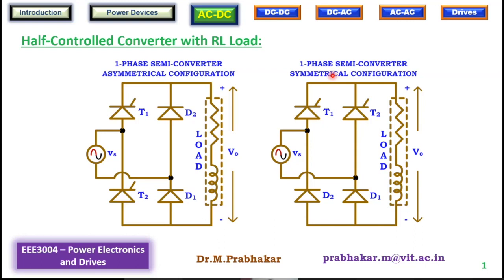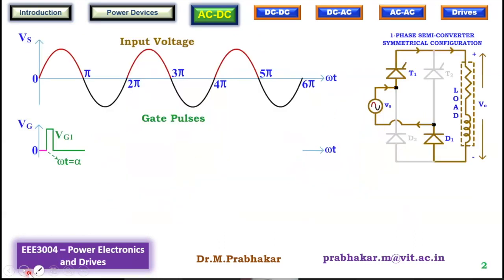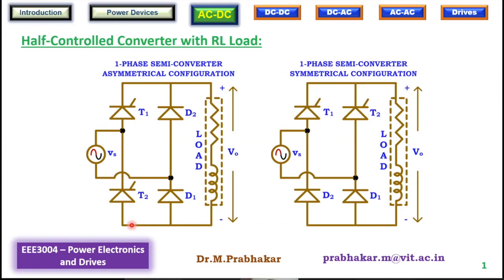Fine. And the reason I'll keep stressing this is because you need to understand the basic difference. Don't get confused between half wave and half controlled. This is half controlled. There are 4 devices, and out of those 4 devices, 2 are SCRs or controllable devices. Therefore, it is half controlled or semi converter.